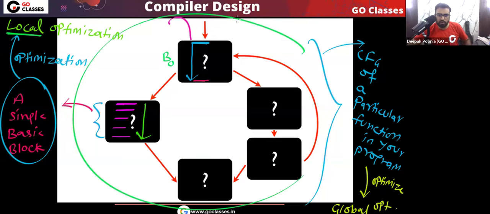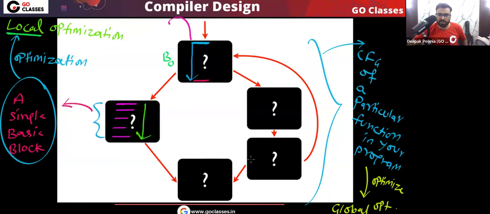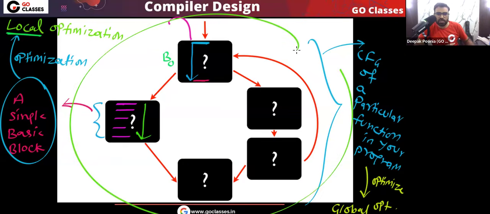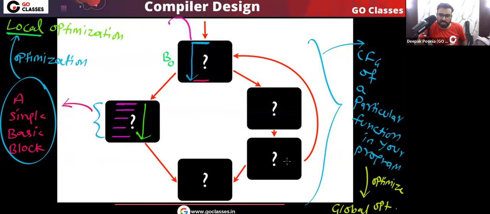On the control flow graph of any function, because for every function we create a control flow graph, and in your program, if you have 10 functions, there will be 10 control flow graphs. So for any particular function, you have a particular control flow graph. On a single control flow graph, or I can say on the entire control flow graph, if you perform some optimization, that will be called global optimization.